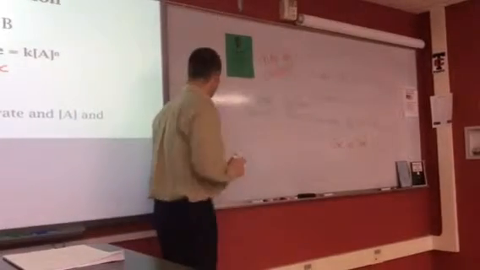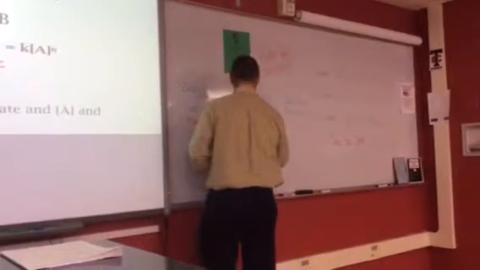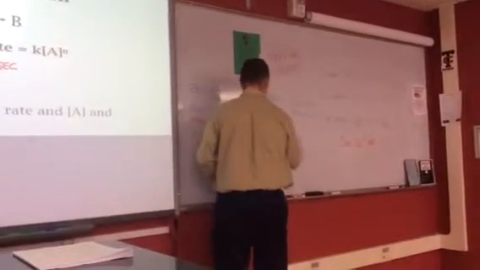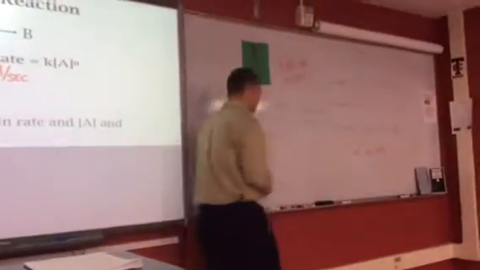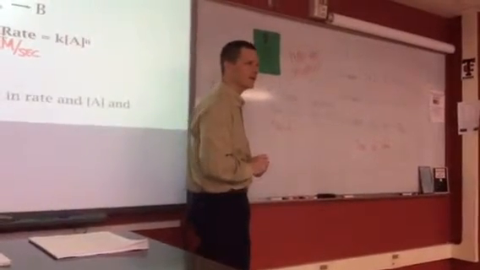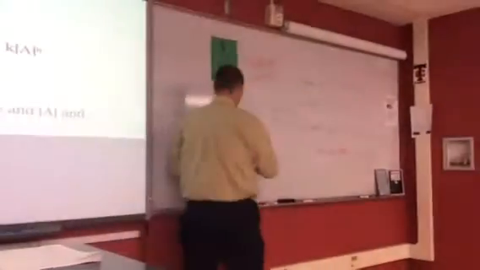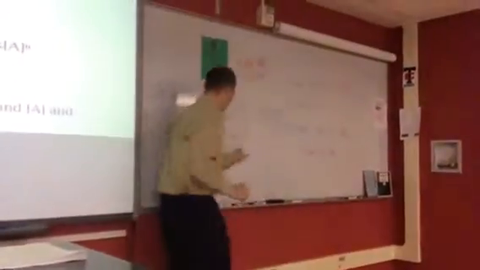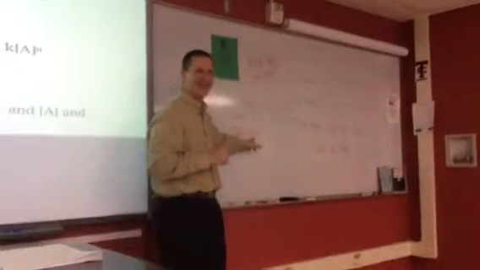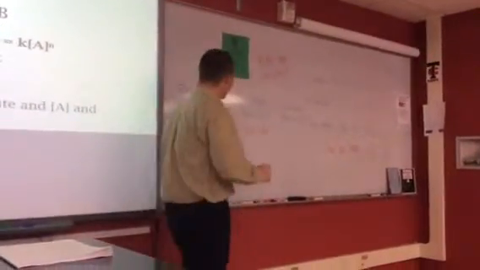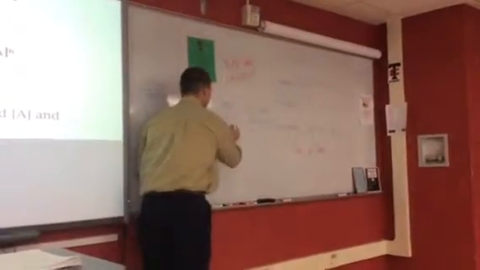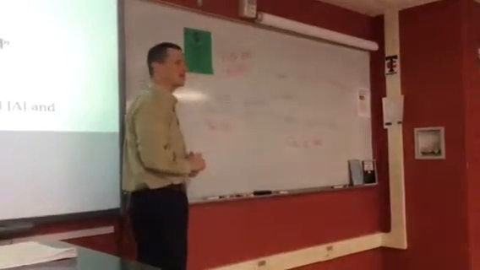Now what about for this one? We have molarity per second equals k. What would be molarity to the first power? That's just molarity. Now, if I want to solve for k, we're trying to find the unit on k, so get k by itself.